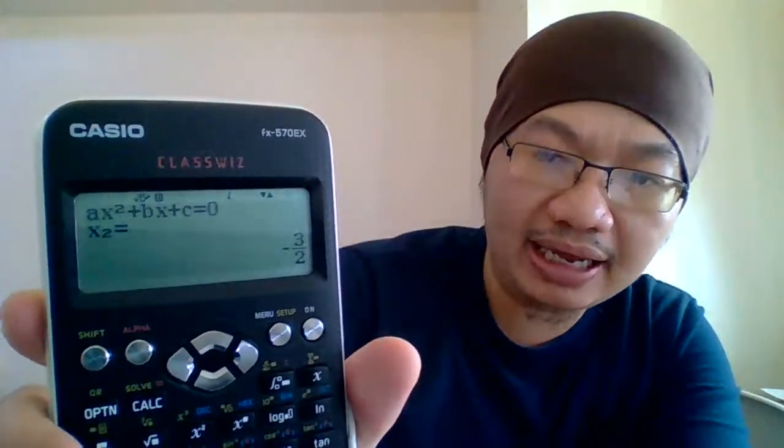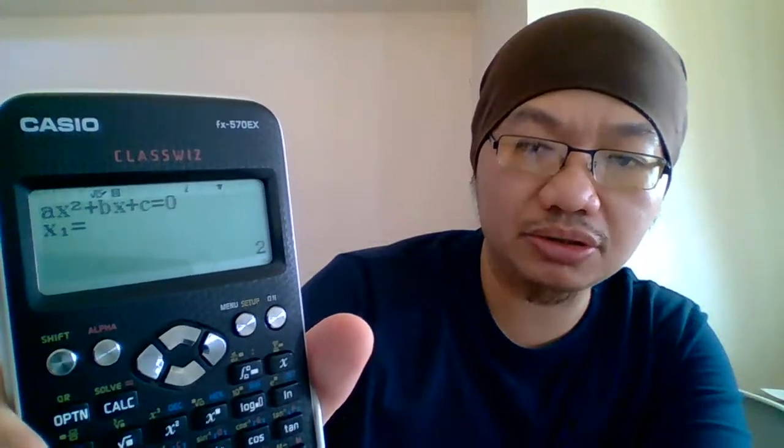2, negative 1, negative 6. Okay, the answer that we are supposed to get is 2 and negative 3 over 2. Please double check, is that correct?